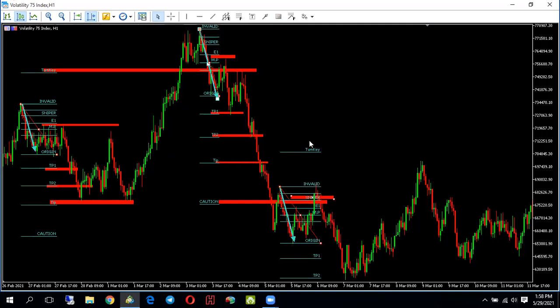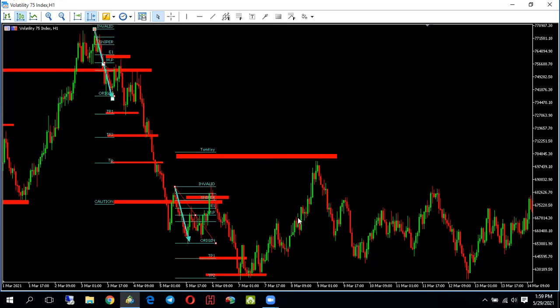And then you see this is TP1. This is TP2. And then this is my turnkey. And you see that even as price approached the turnkey, it started dropping again.